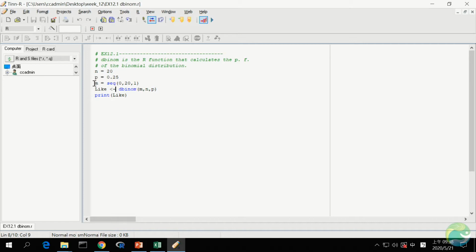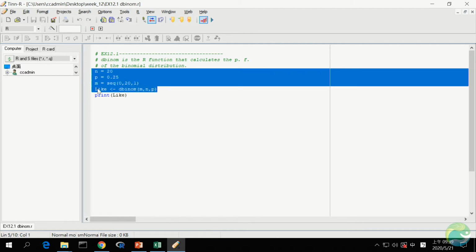We want to know the probability when the outcome of this random variable is from 0 to 20, right? So we can use dbinom. M, as I said, means the random variable. N is the total number of trials. P is the probability of success.